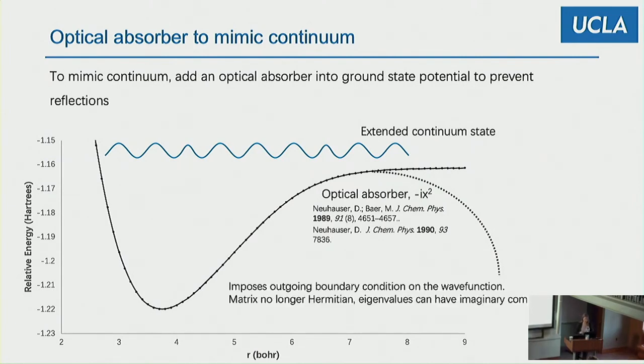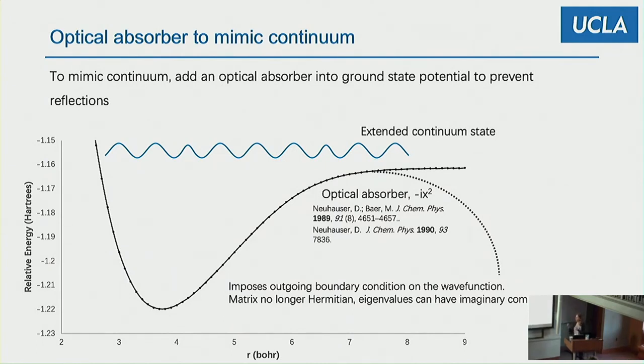What this does is impose essentially a boundary condition on this wave function. It absorbs the outgoing wave, so it's just kind of like a 1D channel flux equation. Danny Neuhauser, an electronic structure and also a theoretical physicist, did a lot of this.